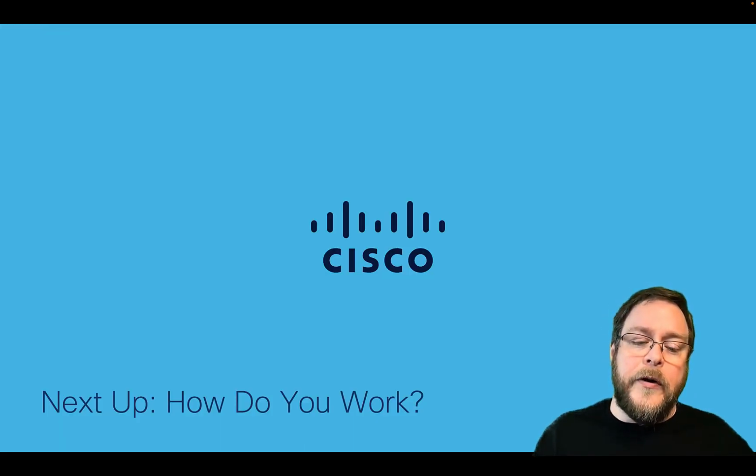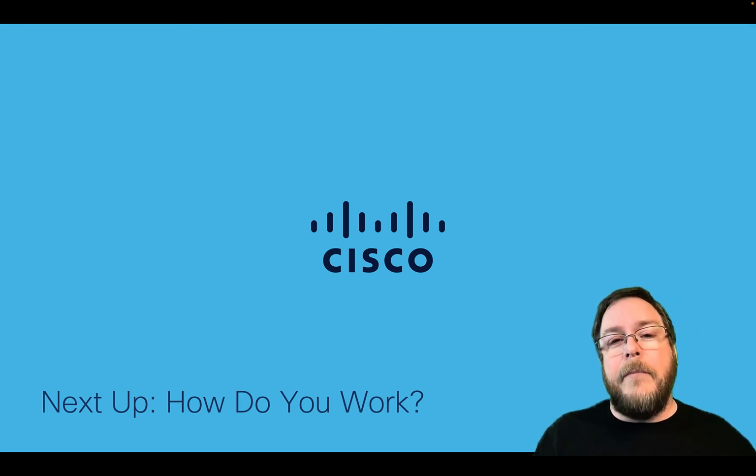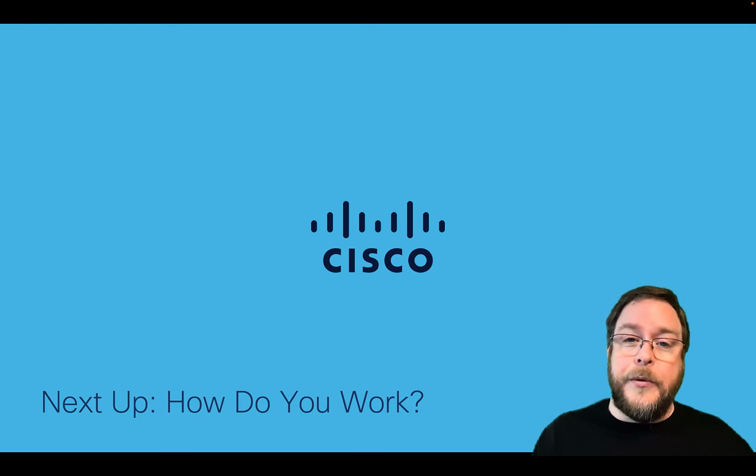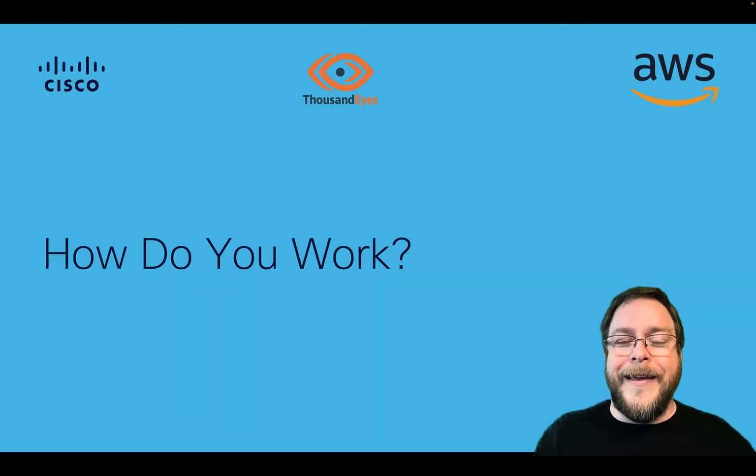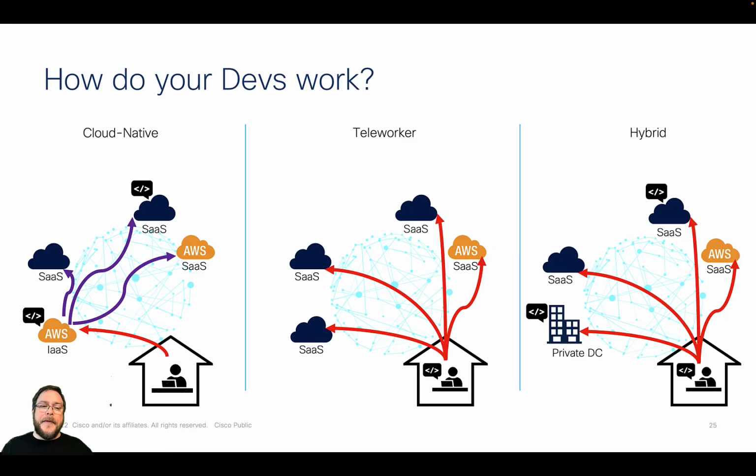Next up, we're going to talk about how you work, because that bears on how you deploy ThousandEyes agents. When you think about where your developers are, one of the questions is, where is the code that they develop?